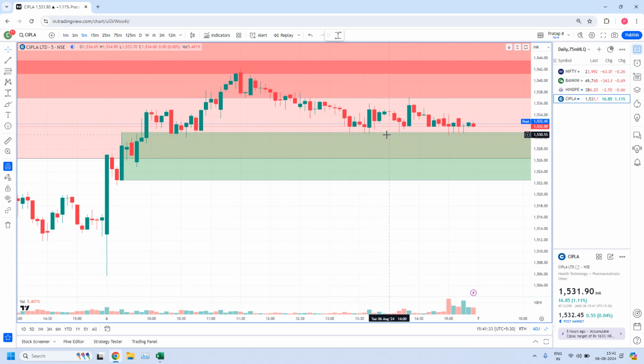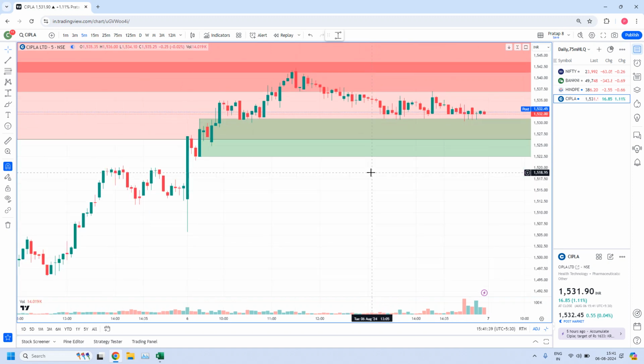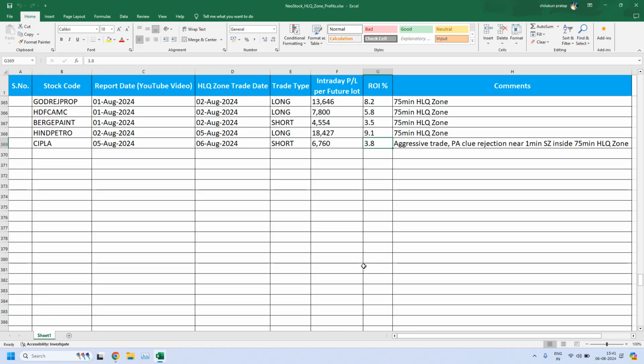This is the way you have to take decisions sometimes. But otherwise, this is a very good aggressive trade based on the price action clue: rejections near the 1 minute supply zone inside the 75 minutes high liquidity zone.